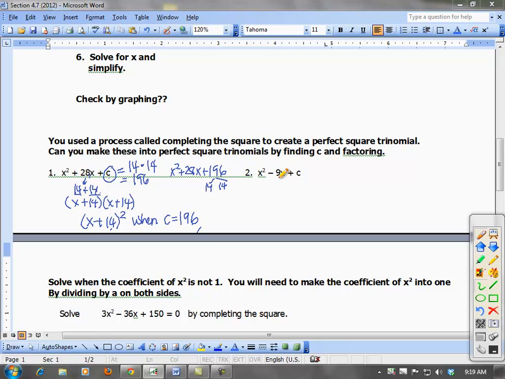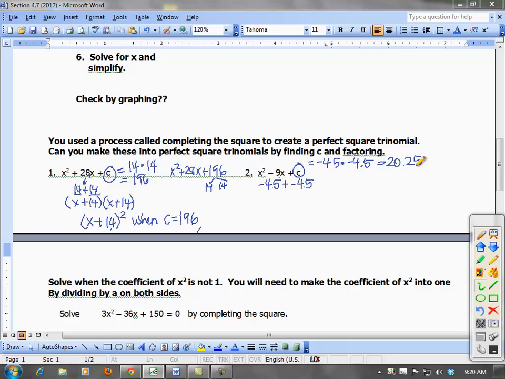If I split 9 in half, what I end up getting is negative 4.5 and negative 4.5. So I'm going to add those two numbers together in order to add to negative 9. The question then is C is when you multiply negative 4.5 times negative 4.5, and that ends up being 20.25.